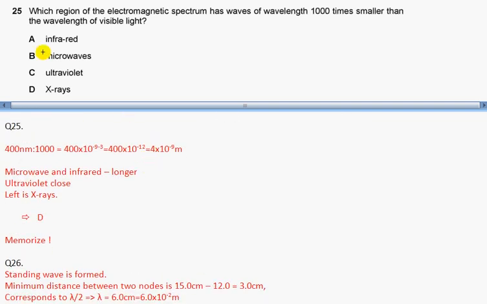25. Which region of the electromagnetic spectrum has waves of wavelengths 1000 times smaller than the wavelength of visible light?